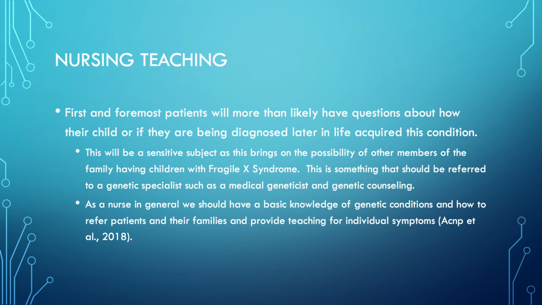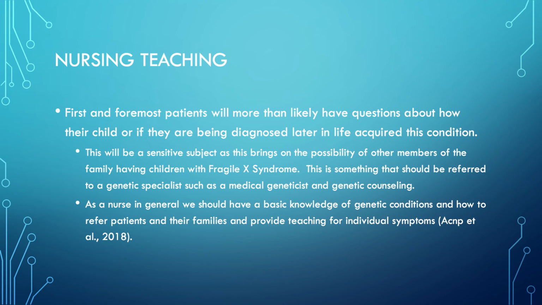Some things that should be considered in patient education of those affected by Fragile X. First and foremost, patients will more than likely have questions about how their child, or if they are being diagnosed later in life, how they themselves acquired this condition. This will be a sensitive subject, as this brings on the possibility of other members of the family having children with Fragile X syndrome, or being carriers of Fragile X syndrome.